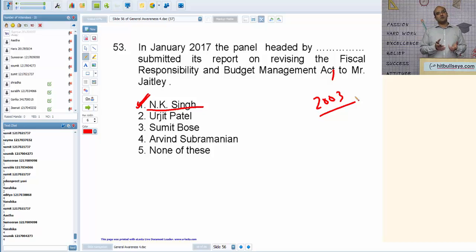So this situation does not happen that one government takes lots and lots of loans in order to do development or otherwise and increases the debt burden of India, right? So it restricts the amount of loans that any government of India can take, right? So this has to be revised now. It is an old act. The committee which would be revising it was headed by N.K. Singh.